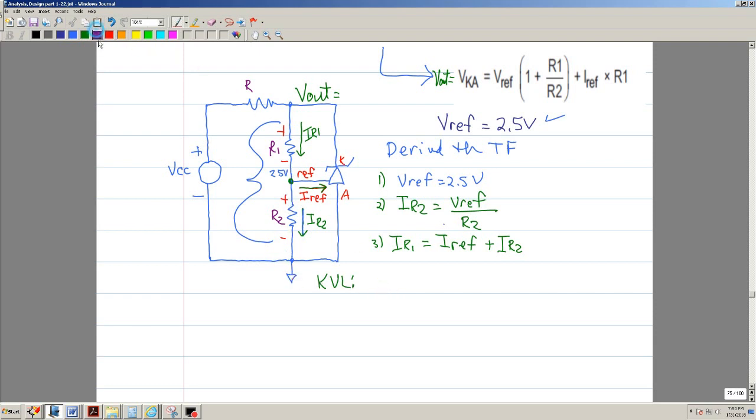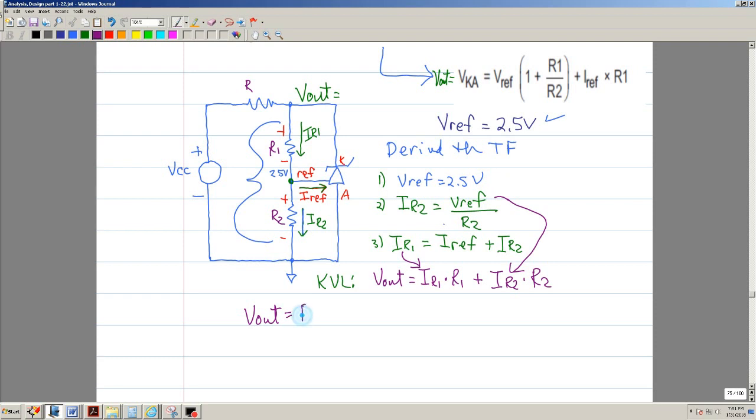So then I can say that Vout is equal to IR1 times R1 plus IR2 times R2. Okay, so now we can express this, put that there, and then put this in here.